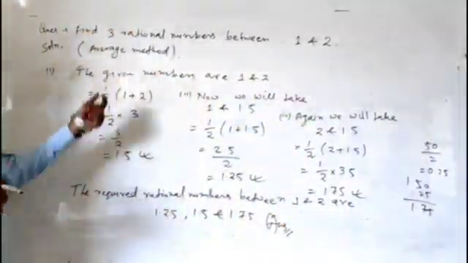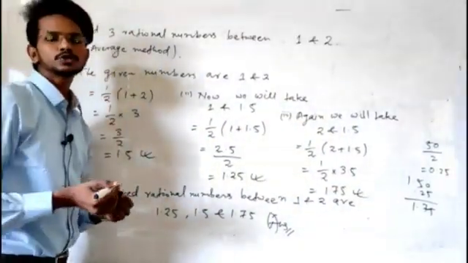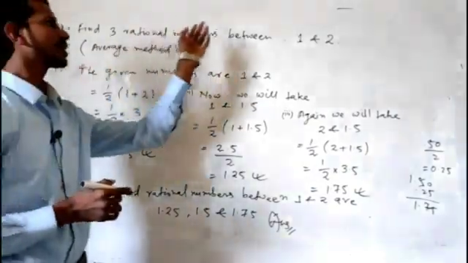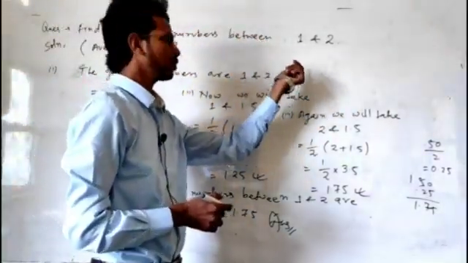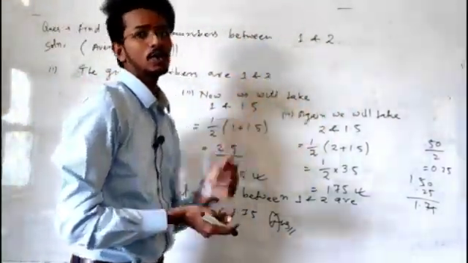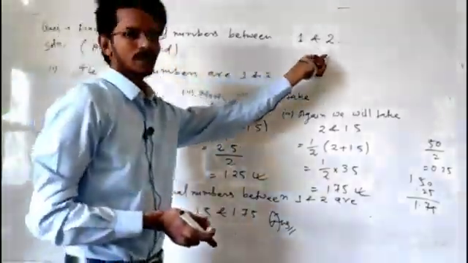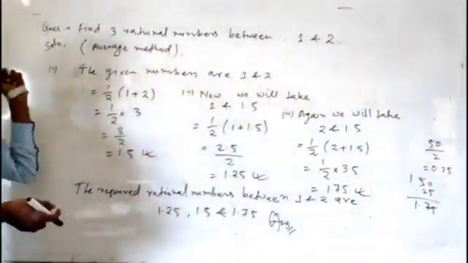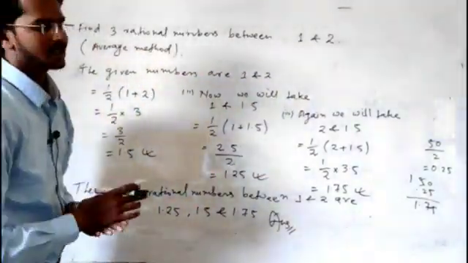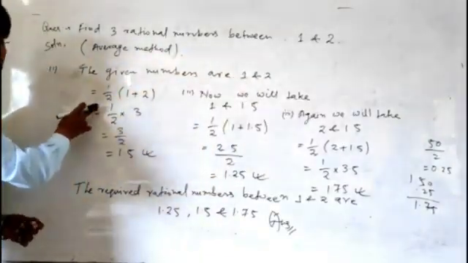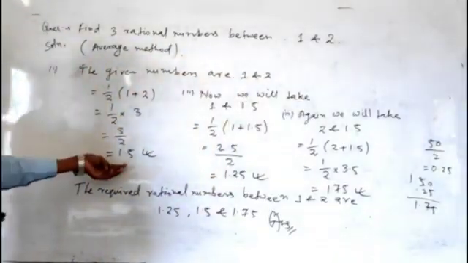We have seen the average method and we have solved two questions. The first one was finding one rational number between any two given rational numbers. We took 2 and 3 in the previous question, and now we took find 3 rational numbers between 1 and 2. And again we used the average method. Firstly we took 1 and 2, and by the average method we found 1.5.